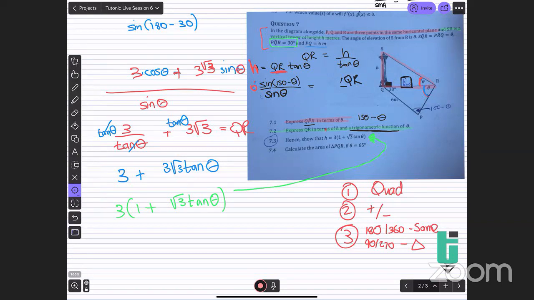We said, let's not use cosine rule, because we don't have one side, and we don't have this side either. We want to work out this side. So sine rule. Then we had to use compound angles. And then we just simplified.